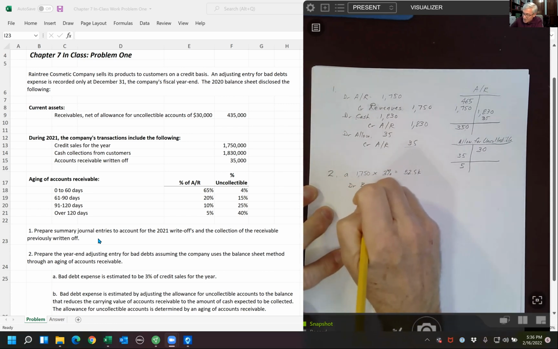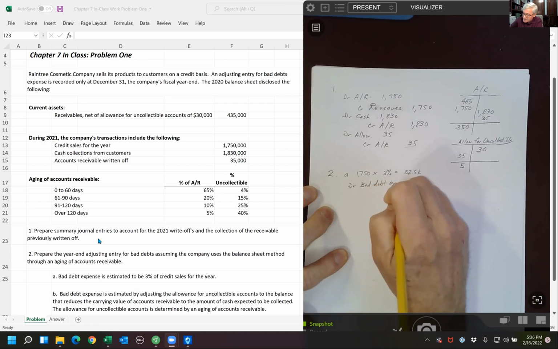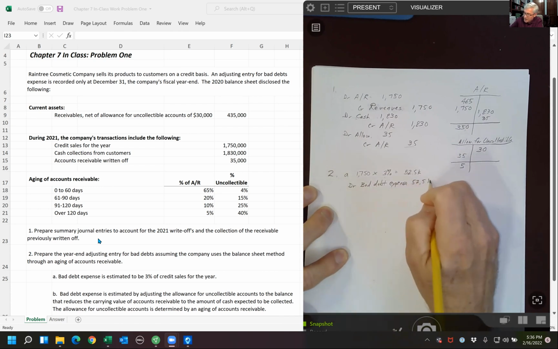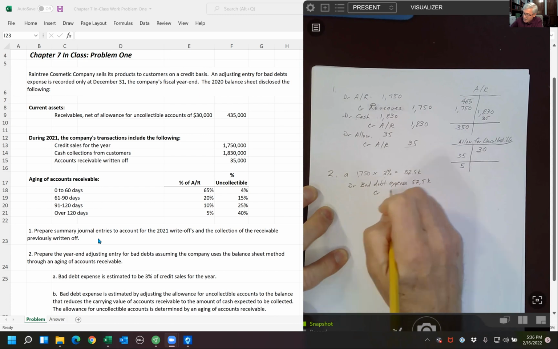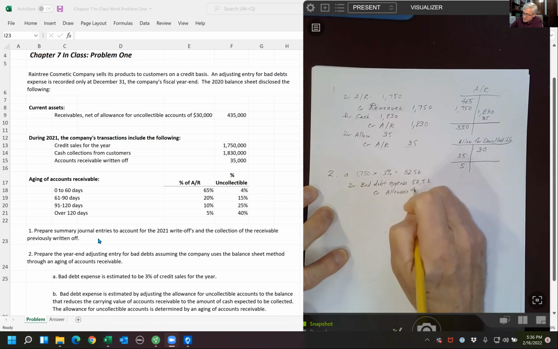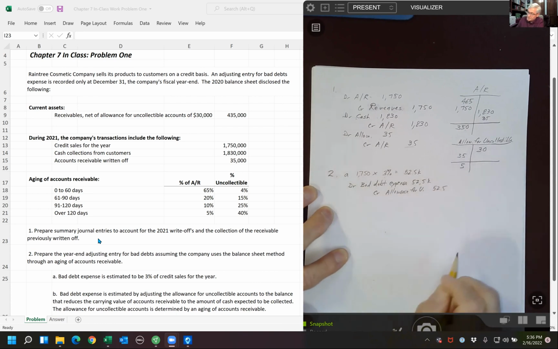See how easy this is? Bad debt expense, $52.5 thousand, and credit my allowance account, $52.5.